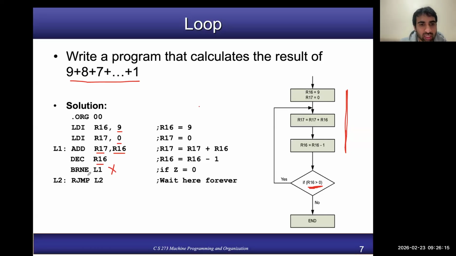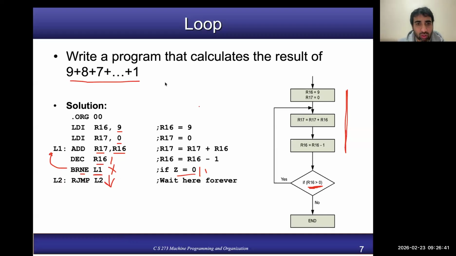So we are saying branch if not equal, so in that case your loop will go back to L1. But once the value reduces from 1 to 0, your value in R16 will become 0 and the Z flag will be equal to 1. So this condition will not be true anymore, and the control goes to the next instruction.